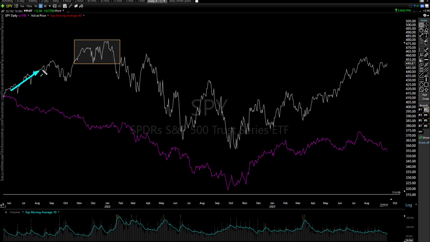The S&P 500, the U.S. stock market, was going up, and the euro was falling. Remember, the euro is just inverse to the dollar. I could have put in UDN here, which is the inverse dollar ETF. It would look exactly the same. You can do the same on your charts. And so what happened is the markets ignored that divergence.